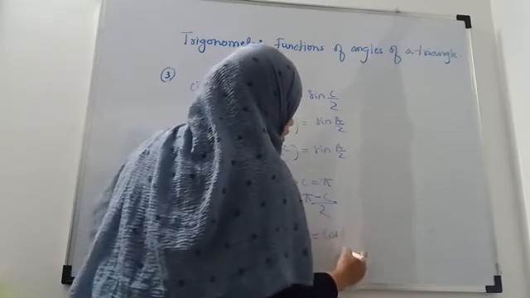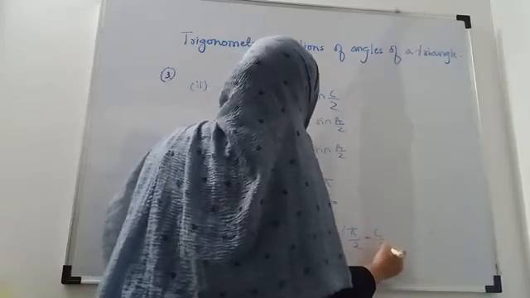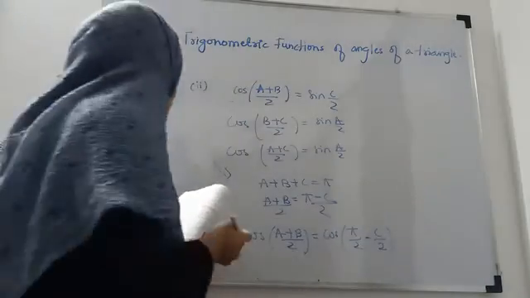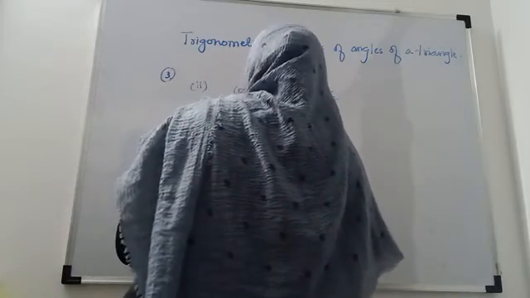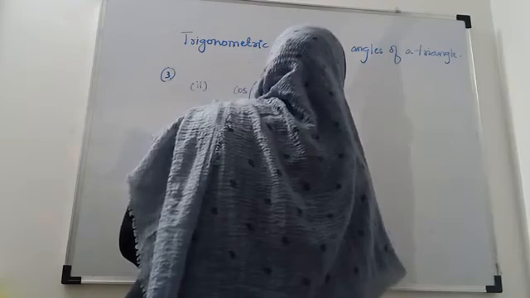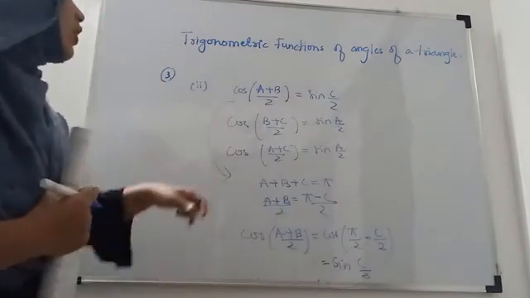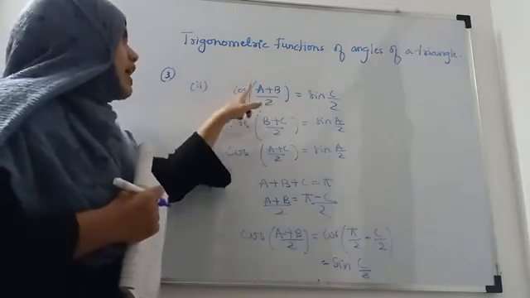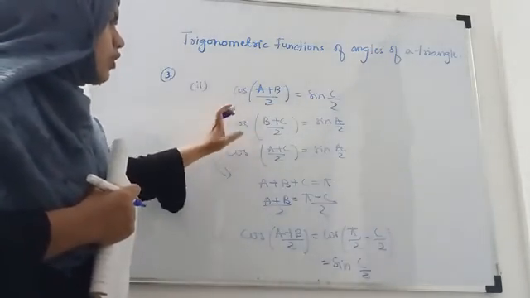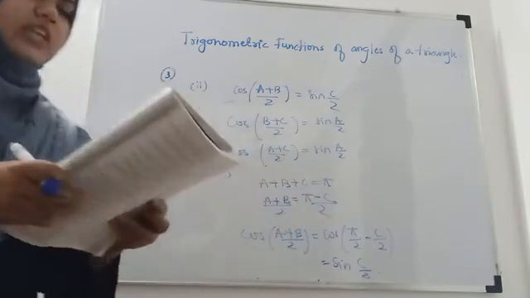So here it is cos of (pi upon 2 minus C upon 2), and as we know, this is equal to sin C upon 2. So for the cos it will be sin, and for the sine it will be cos. It is very simple.